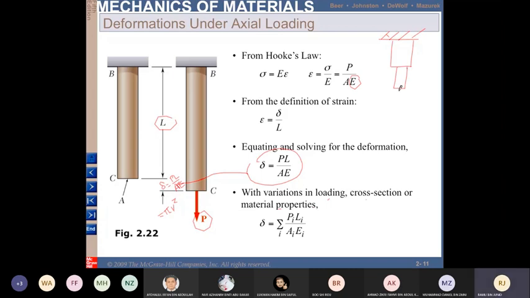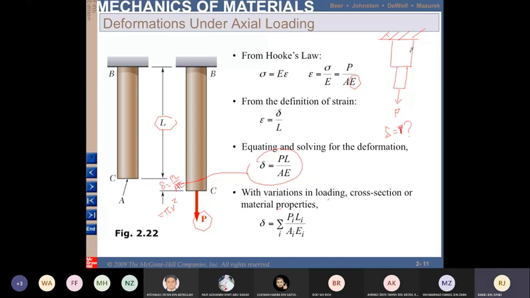When you pull with a force, the question asks you, what is the value of deformation, or the value of deflection, delta.